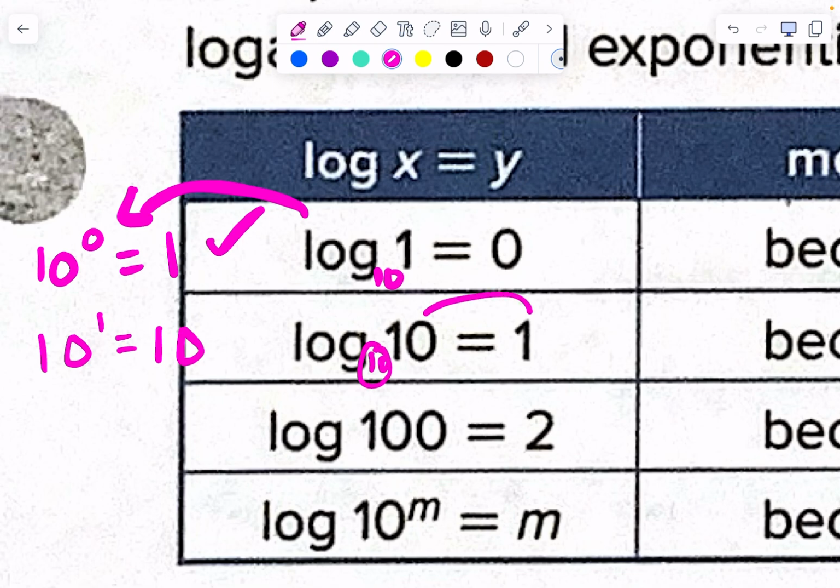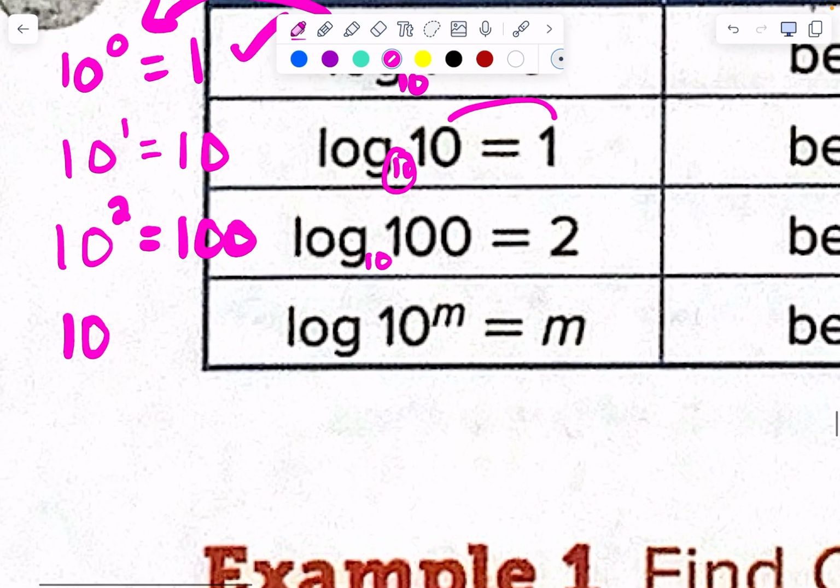The second two numbers switch. This one is a base of 10. This one says 10 to the second power equals 100, right? First number stays in the same spot. Second two numbers switch. This guy says 10 to the m power equals m. 10 to the m equals 10 to the m, right? Okay. That's what it means.